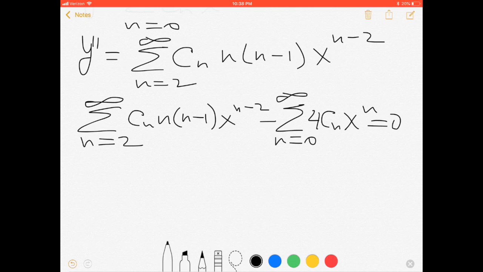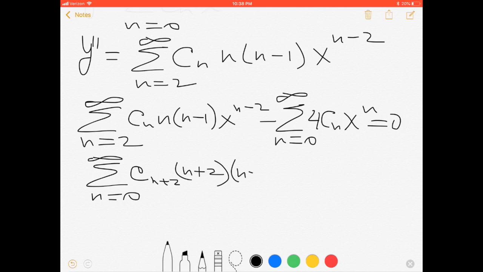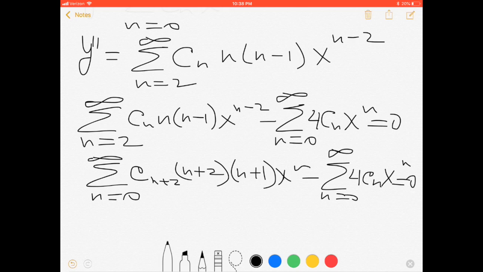And now we rewrite our function as we did before. We have series starting with 0 to infinity, cn plus 2 times n plus 2 times n plus 1 x to the n, minus 4cn x to the n, 0 to infinity equals 0.